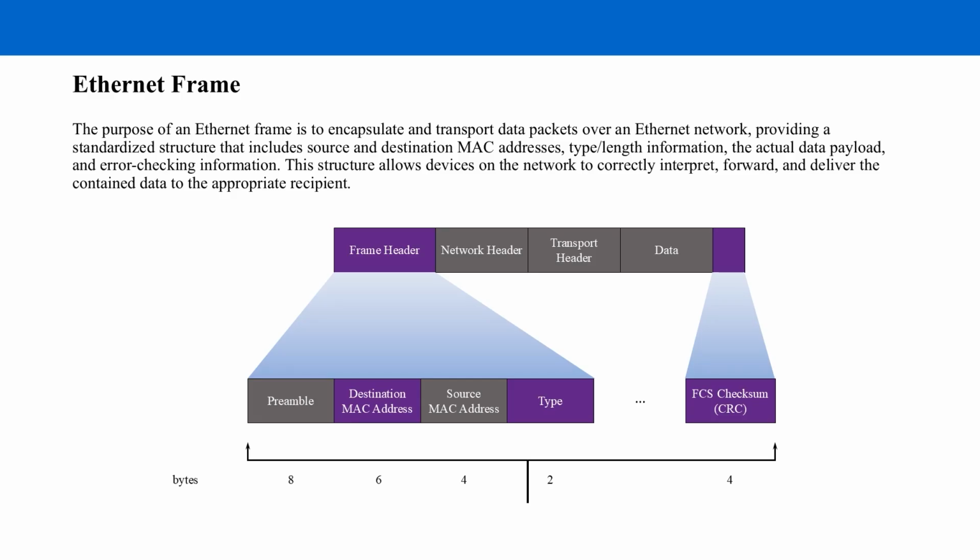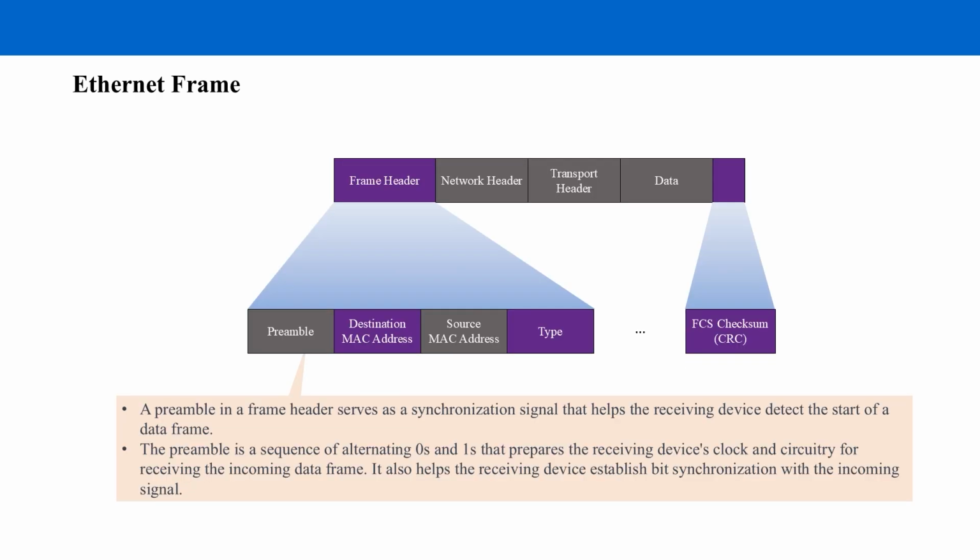This structure allows the devices on the network to correctly interpret, forward, and deliver the contained data to the appropriate recipient. The preamble in a frame header serves as a synchronization signal. This can help the receiving device detect the start of the data frame, so it knows where to start. You won't pick a random place and start to dissect.